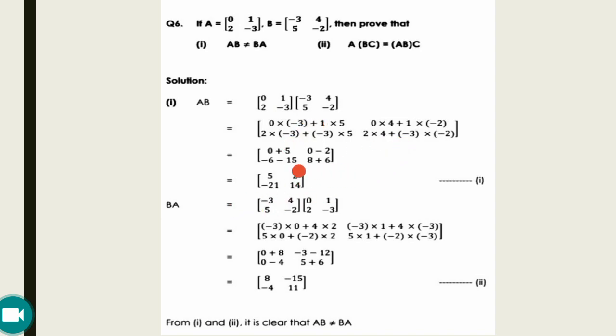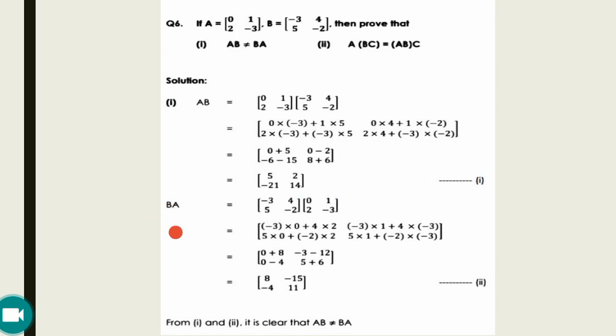The final answer of the multiplication of AB will be 5, -21, 2 over 14. You can consider this as the first equation, or you can say it is the left hand side.